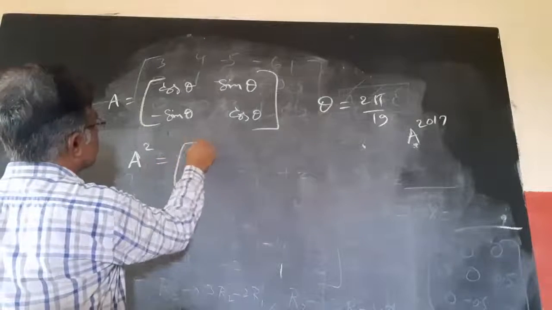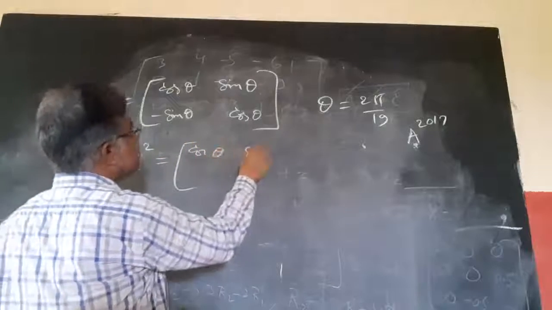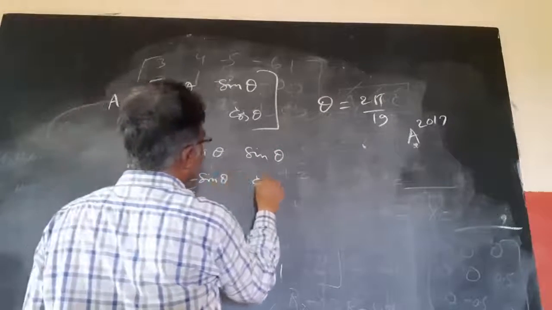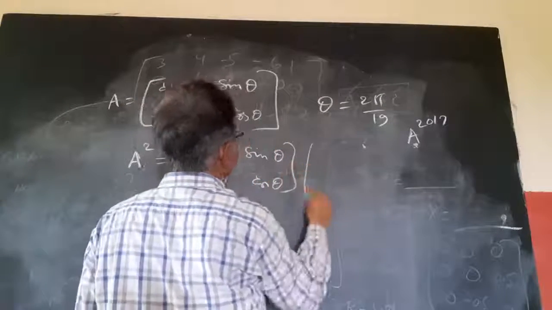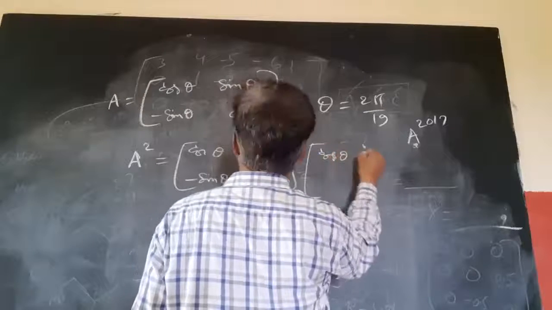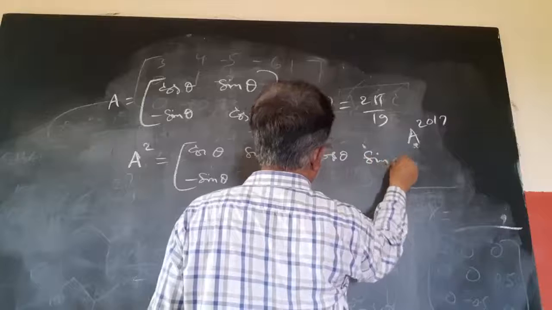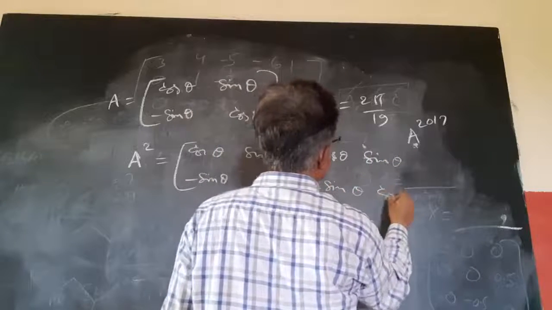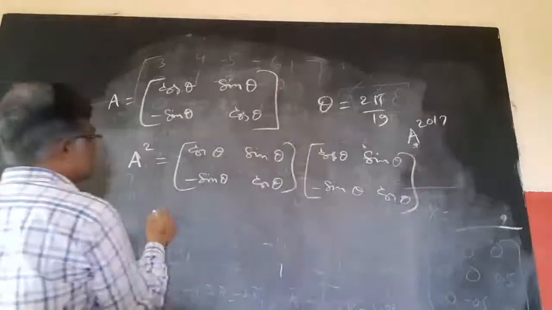A square equal to cos theta, sin theta, minus sin theta, cos theta into cos theta, sin theta, minus sin theta, cos theta. What do you get to find A square?